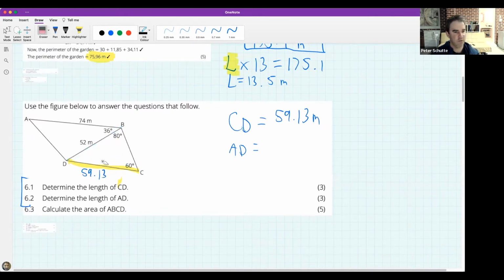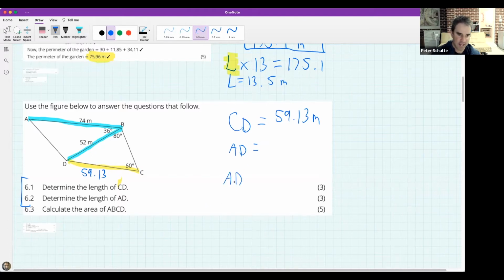Now, I suspect Rachel is asking me about the cos rule because she wants to use the cos rule in this next bit here. Now, let's just check we have all the raw materials. We have two sides and the included angle. So what we do when we want to find a side using the cos rule is we start by writing AD squared.